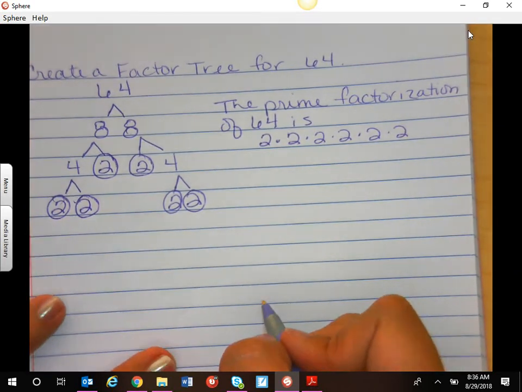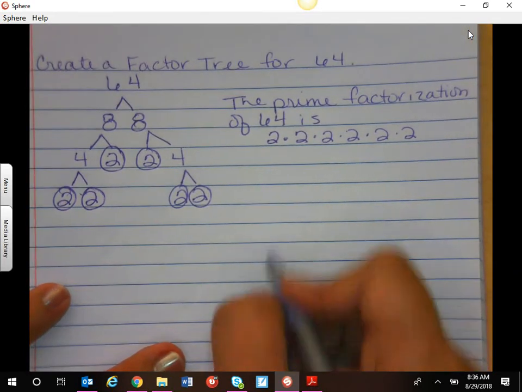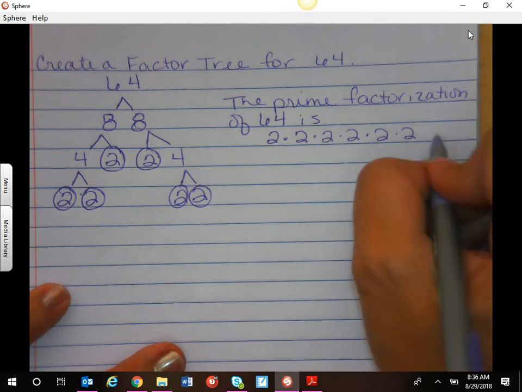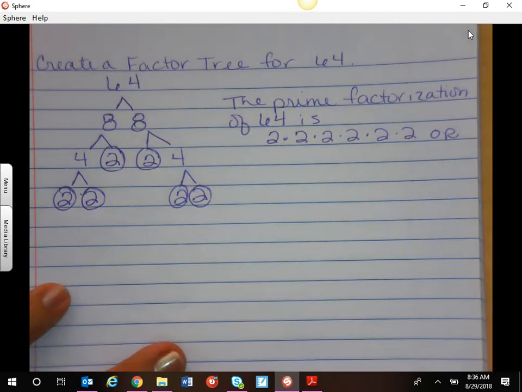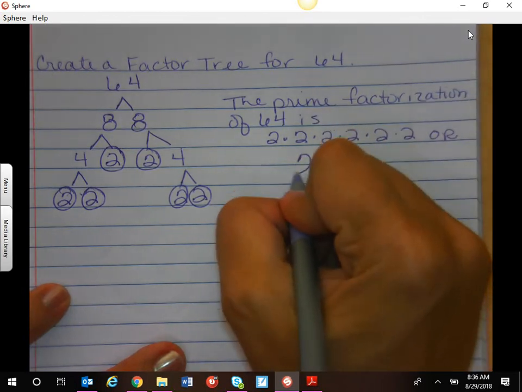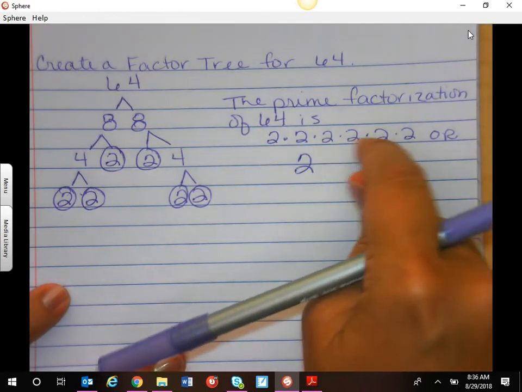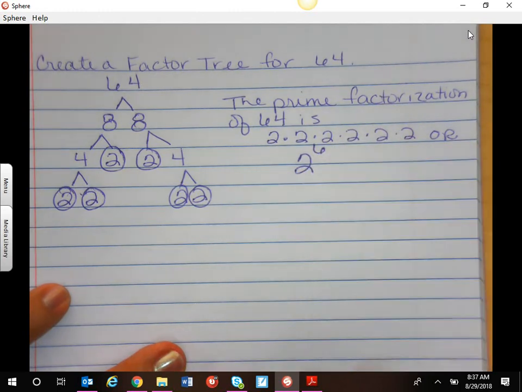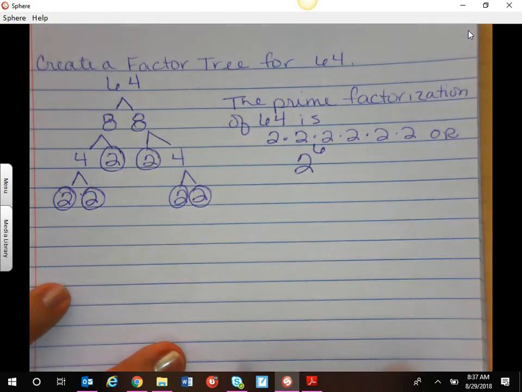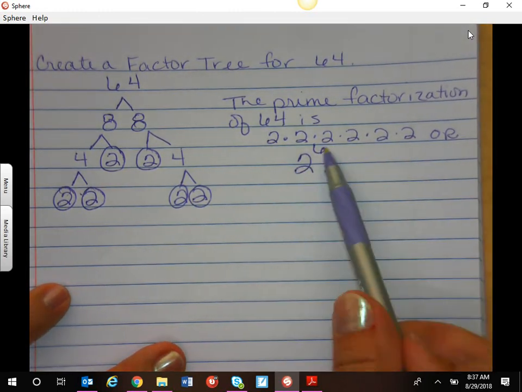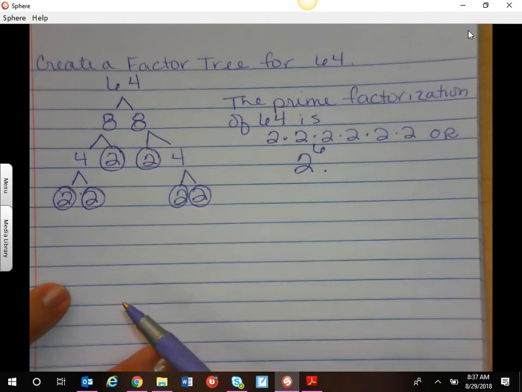Now we learned earlier this week that this is actually expanded form. So we can write this actually in standard form, and we can say a base of 2 to the 1, 2, 3, 4, 5, 6th power. We can say the prime factorization of 64 is 2 to the 6th power.